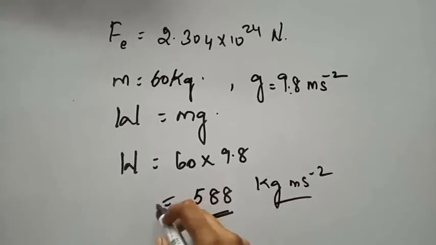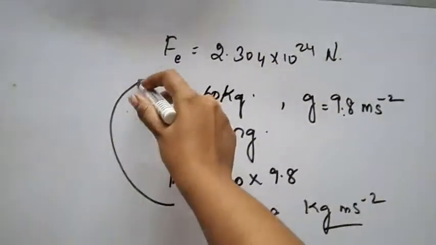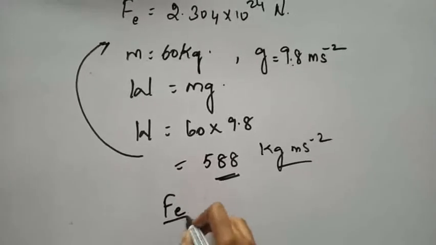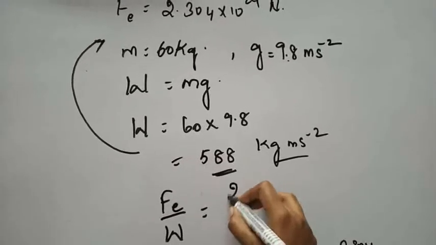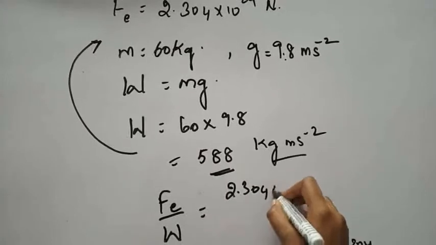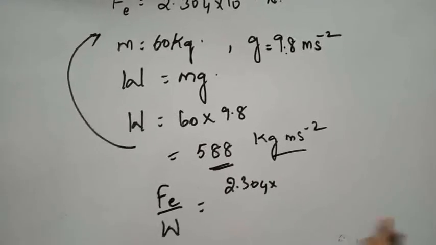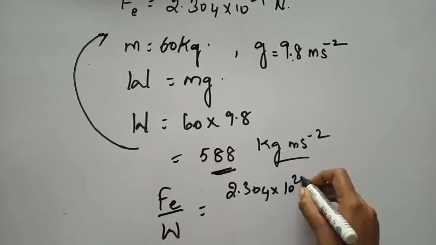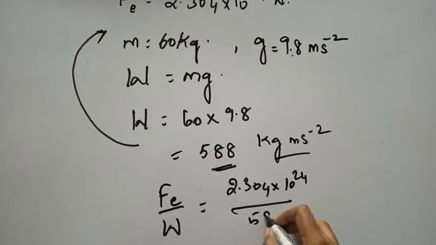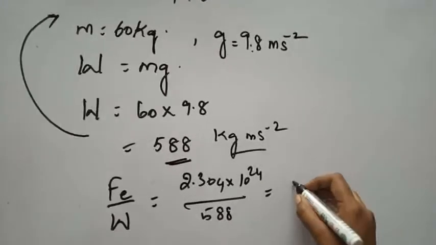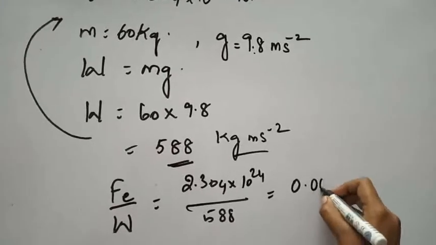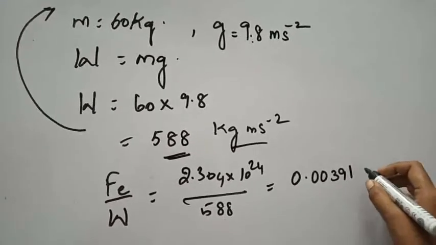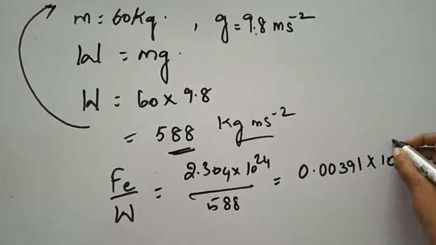And you have to compare the weight with my electrostatic force. So for that, Fe divided by W. If you do that, it is 2.304 into 10 to the power 24 divided by 588. So if you divide this, you would get the answer as 0.00391 into 10 to the power 24.